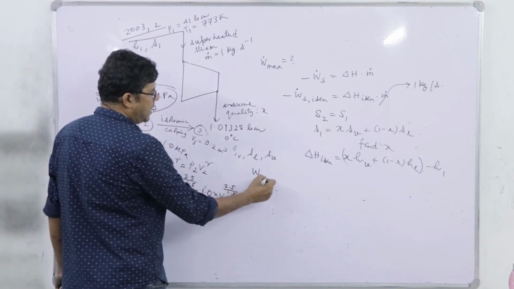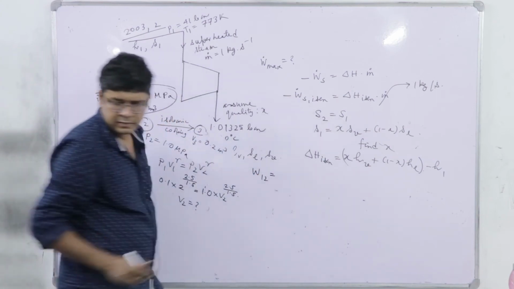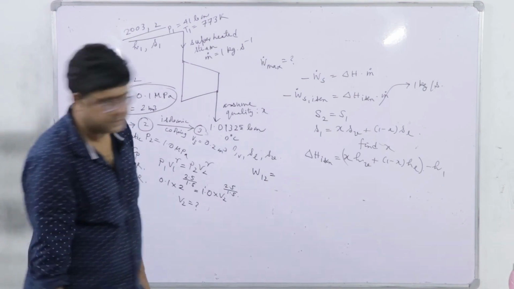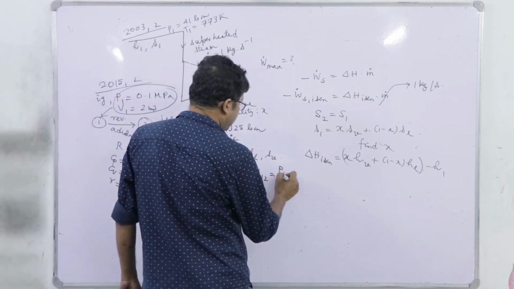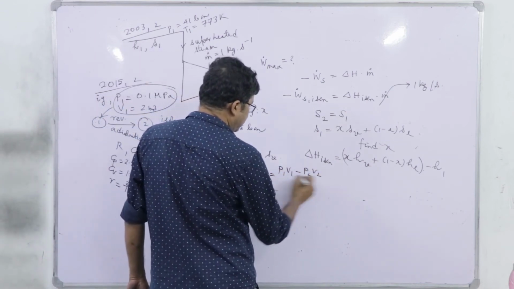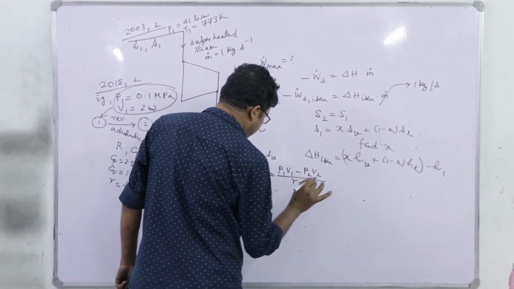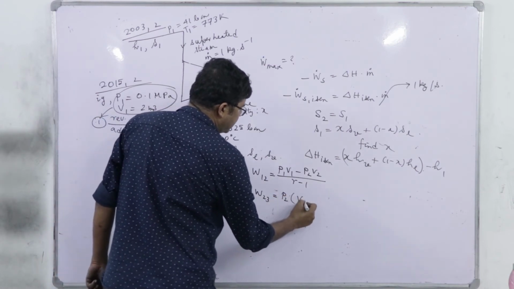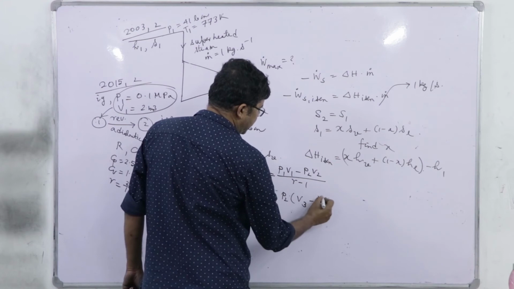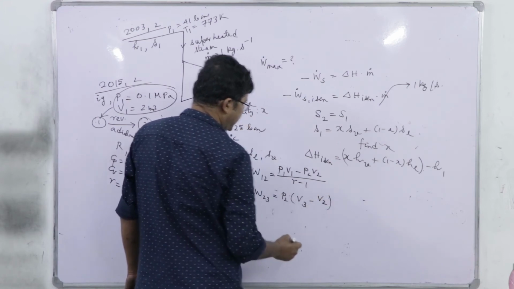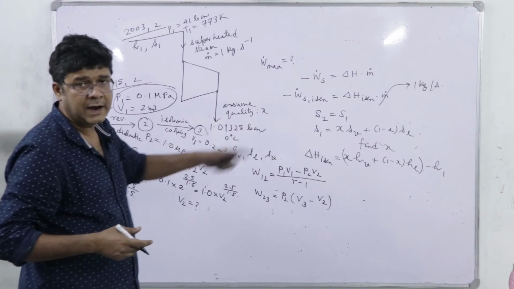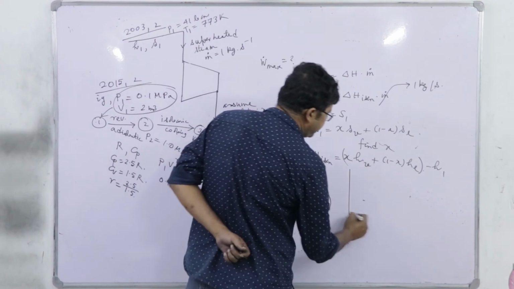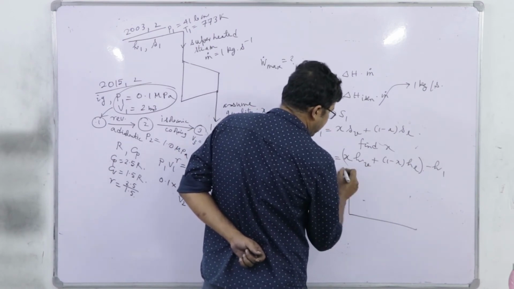So, for W12, it is compressed. What is stated? The total work done on the gas. So, W12 equals P1 V1 minus P2 V2 divided by gamma minus 1. That can be done, and W23 is P2 into V3 minus V2. So, both will be negative, so we have to add them, regarding the negative sign, because you see the process in the PV graph looks like this.